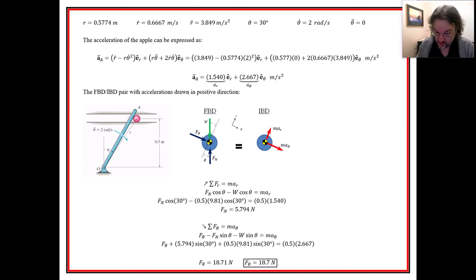I put all the numbers in there, and I think I'm actually off by a little bit. I'm saying something is negative when it shouldn't be negative, I think.